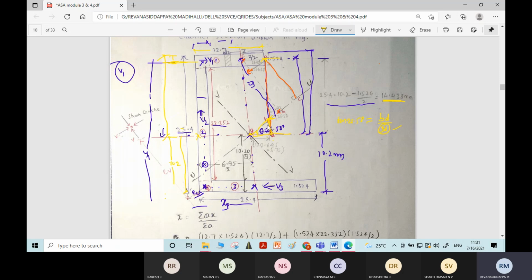Now that you have distance AB, you can calculate AC, again by taking this right angle triangle.